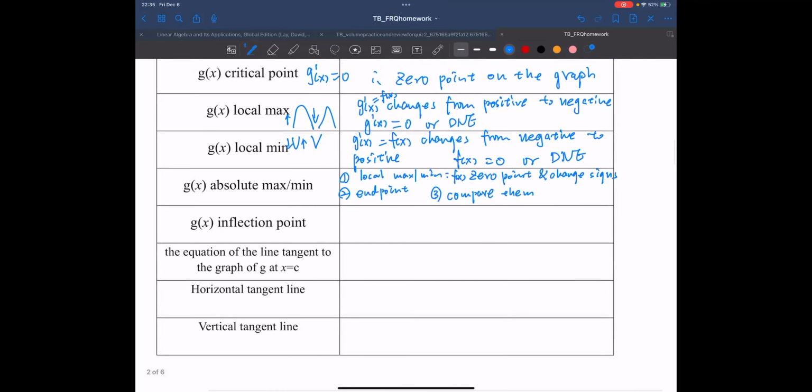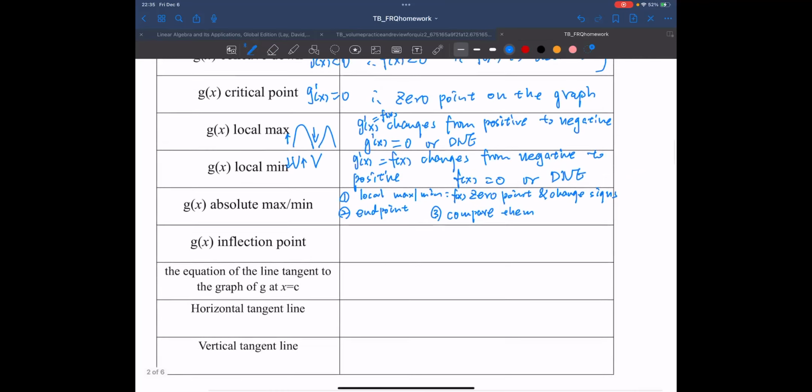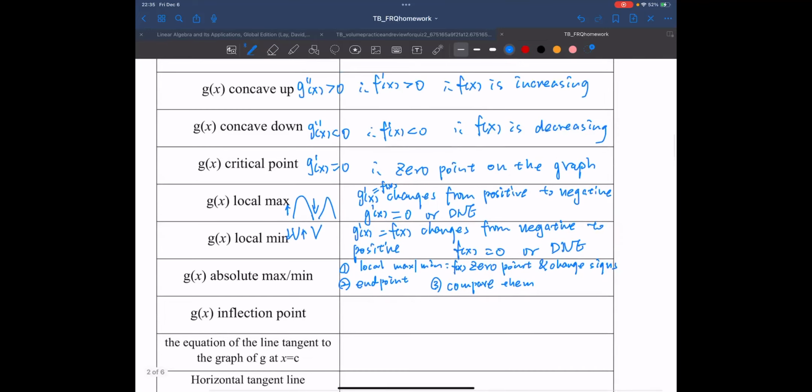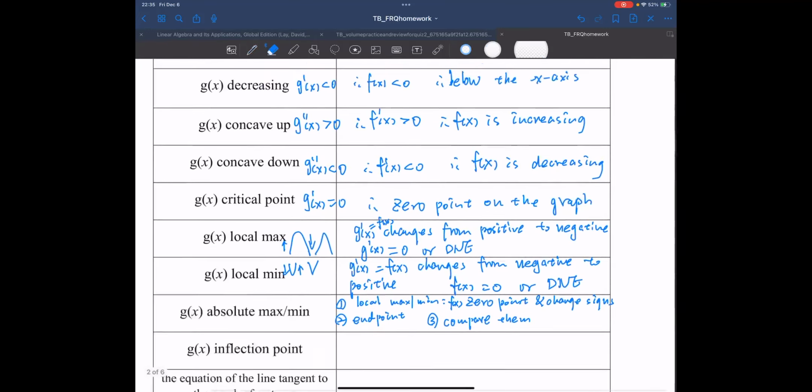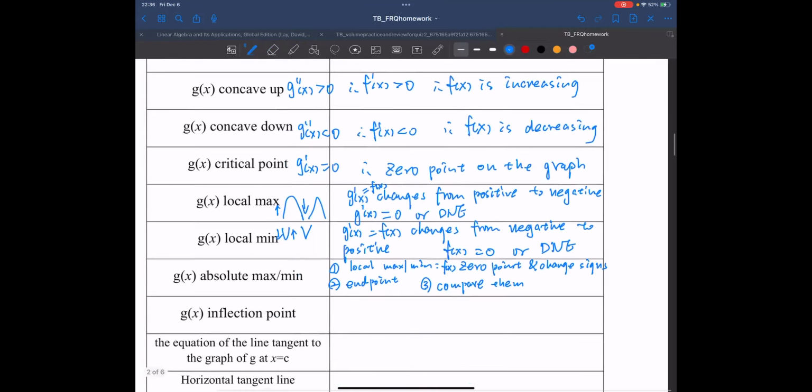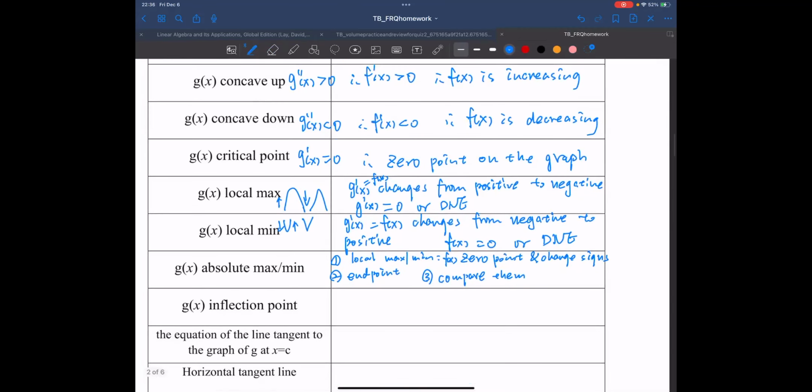Okay, about the inflection of g of x, we just call back concave up and concave down. The inflection point is the point where we can see the change of concavity. So the concavity of g of x, we can see it as the increasing or decreasing of f of x.